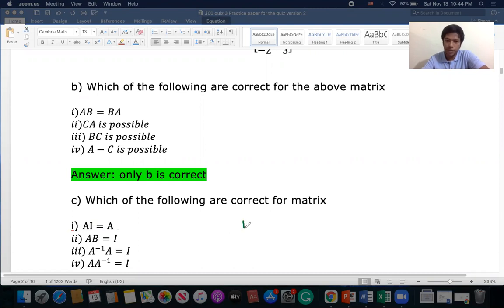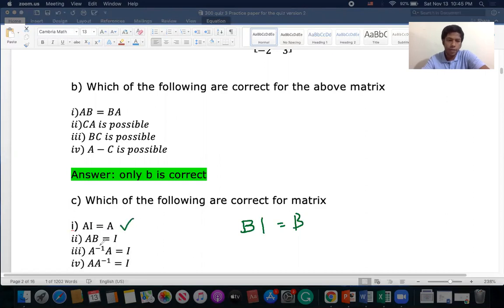Suppose you have a matrix B, if you multiply it with the identity matrix I, you will get B again. Because the identity matrix works like 1 in our algebra. So that is the reason why this is correct.